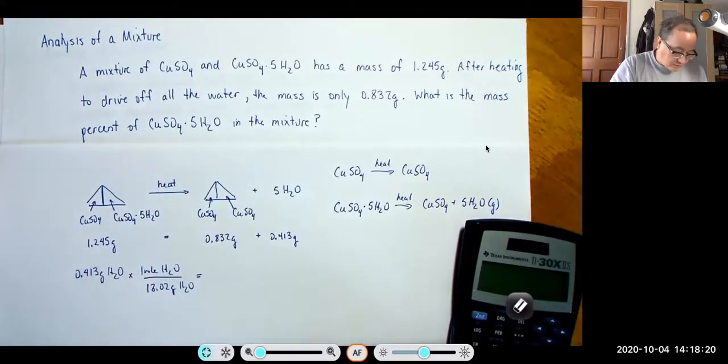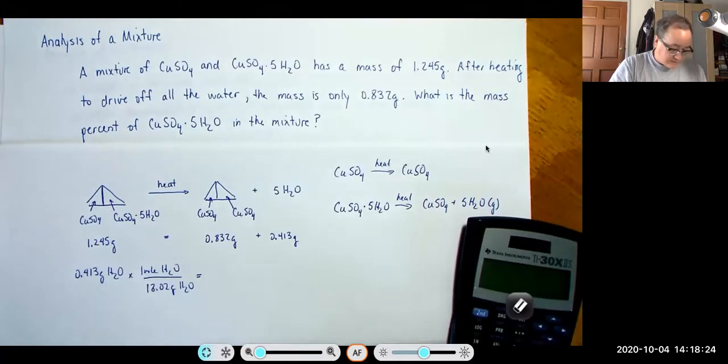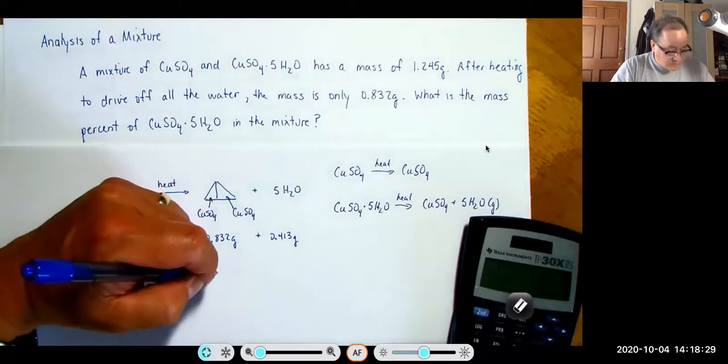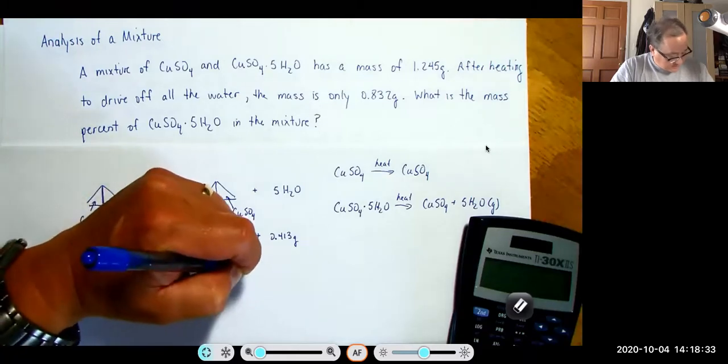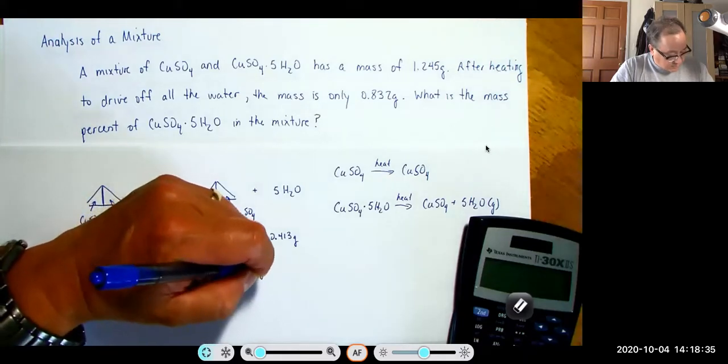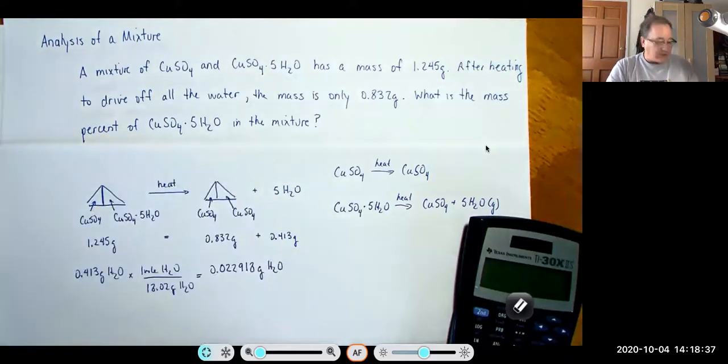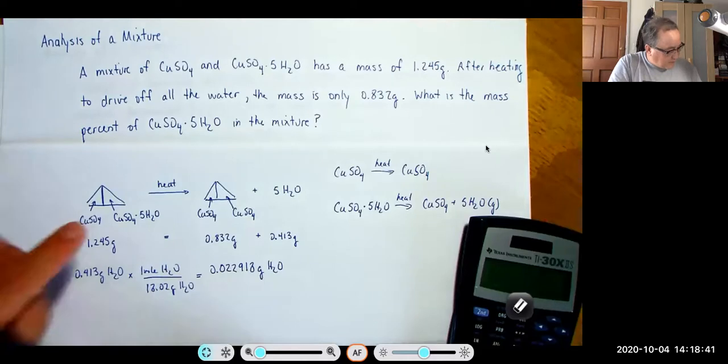So 0.413 divided by 18.02. And that's going to be 0.02291 moles of H2O.